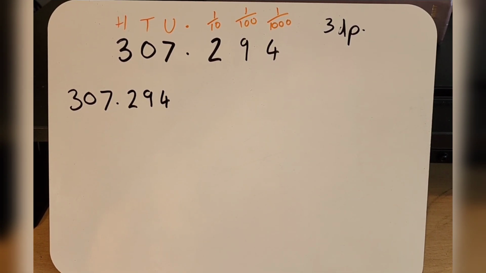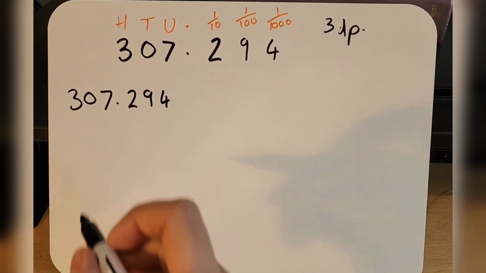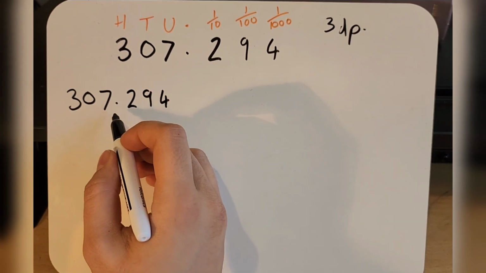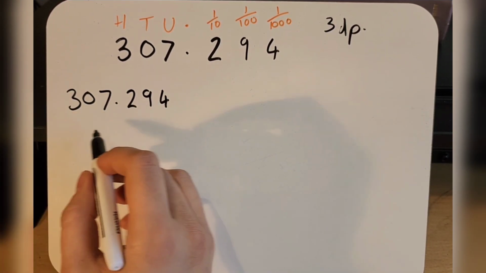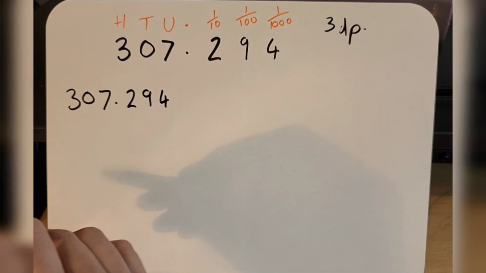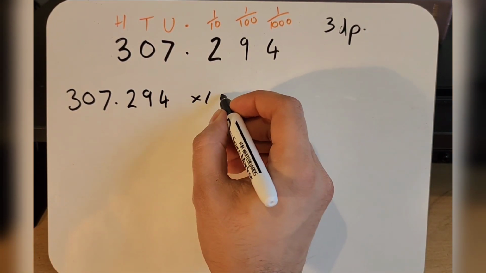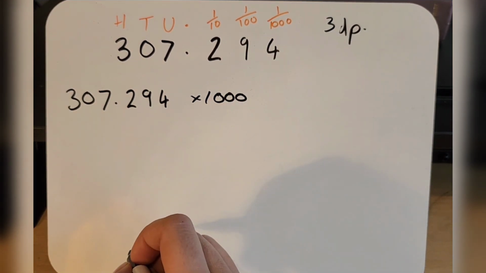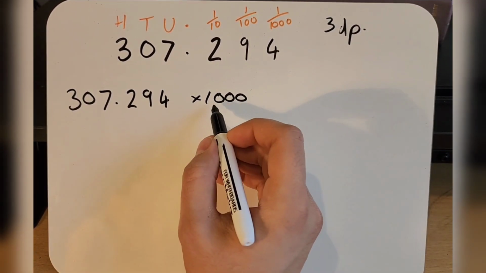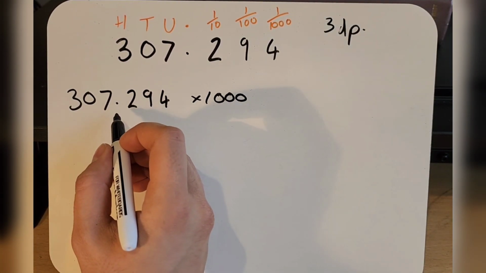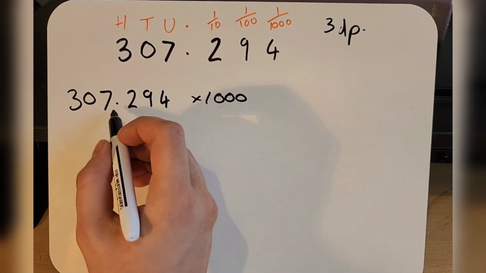So if you've seen the video on moving the decimal, you would realize that to make this a whole number, we like using whole numbers because we're familiar with them, we'd need to times by 1,000. And why is that? Because 1,000 has 1, 2, 3 zeros in it, and our number here has 1, 2, 3 decimal places.